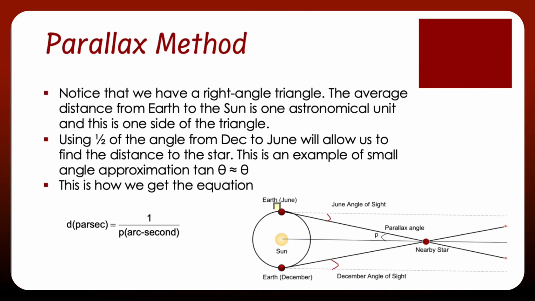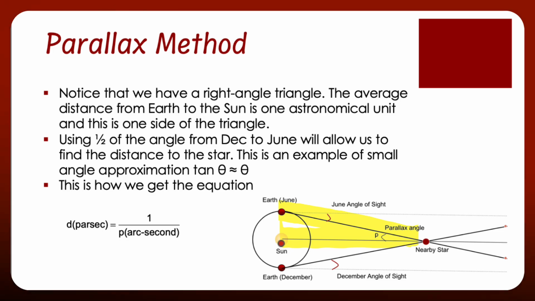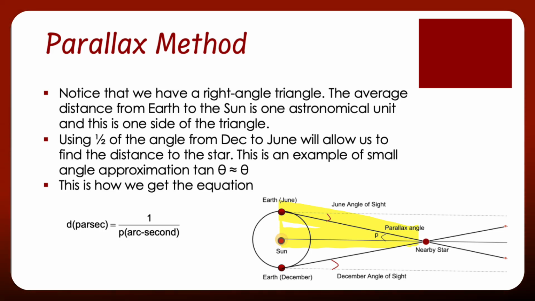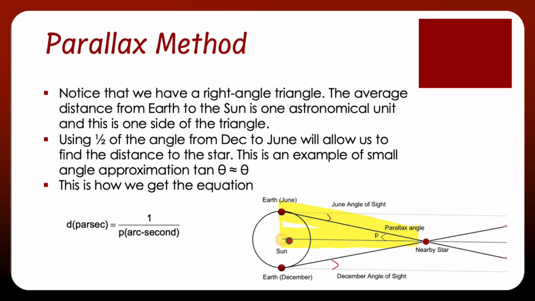So let's take a look here. I have a right angle triangle. Let me just highlight it here to make it stand out. This distance from the Sun to the Earth, that was the 1 astronomical unit that I talked about earlier. That would be the one side of my triangle. Here's my right angle.